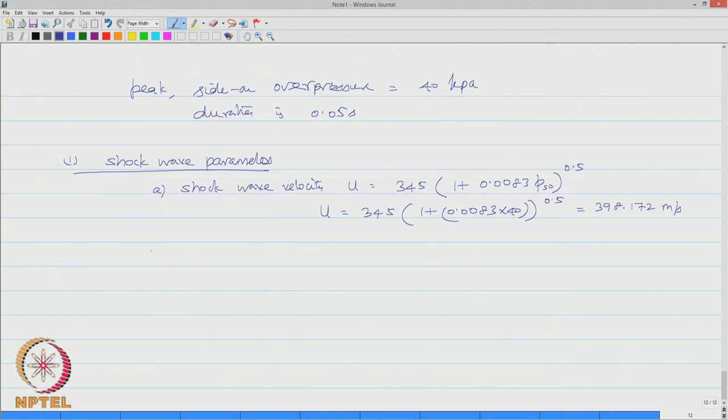Once I know this, I can find length of the pressure wave, which is LW, given by u into Td, which is 398.172 into 0.05, which is 19.09 meters.